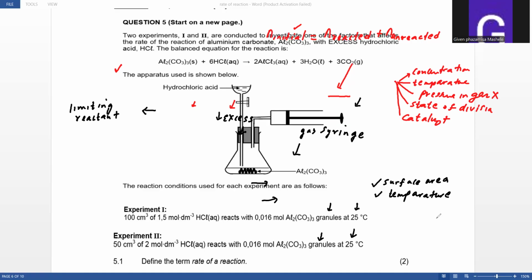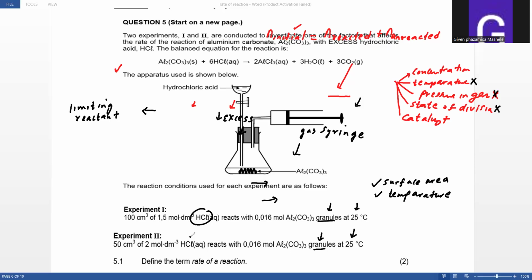So what are we actually investigating here? Pressure is not part of it, state of division is controlled because they're both granules, and temperature is also controlled because both are at 25 degrees Celsius. So what are we actually investigating? What is actually changing between the two is the concentration.